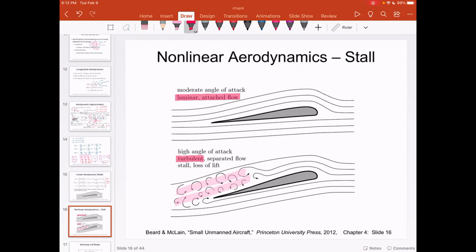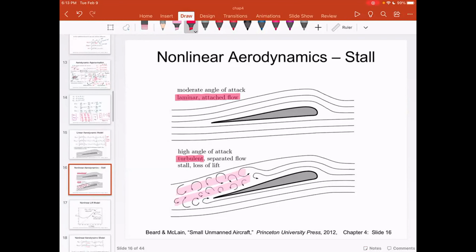So aircraft should be in the moderate angle of attack. The flow should not separate. But there are some aircrafts, or fighter aircrafts, that are designed to operate in a high angle of attack. So for that, there are additional surfaces, control surfaces, fins, that make sure that the flow remains attached to the airframe and the wing.